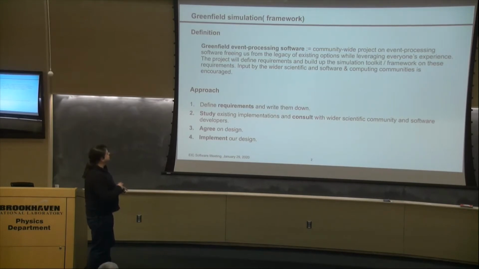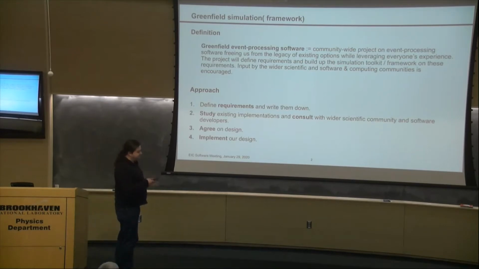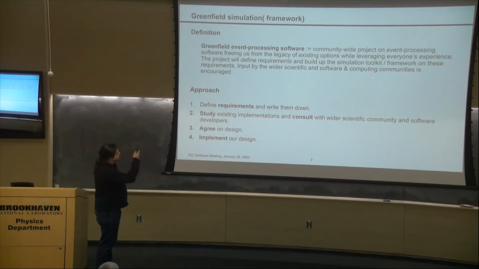So what we would like to do is think about what is really required for software and computing for the EIC, in particular in the sense of processing events, analyzing events. When we understand and have written down the requirements, we would like to study existing implementations and then consult with the wider scientific community and also with software developers on these possible implementations.